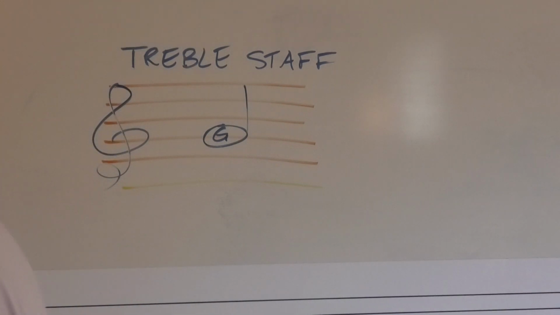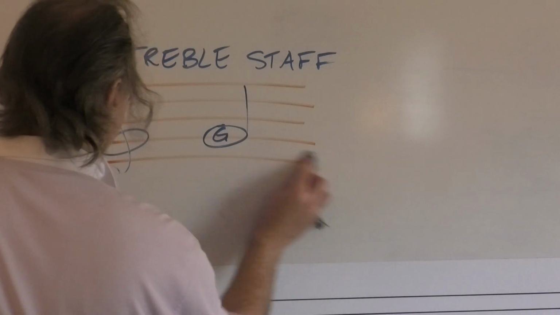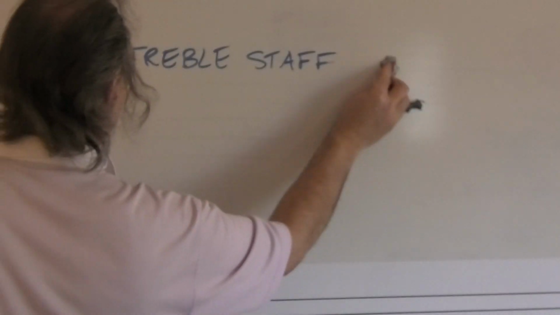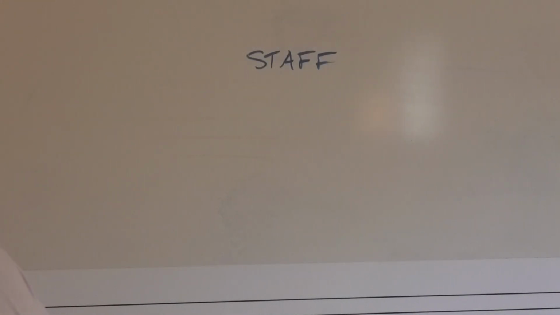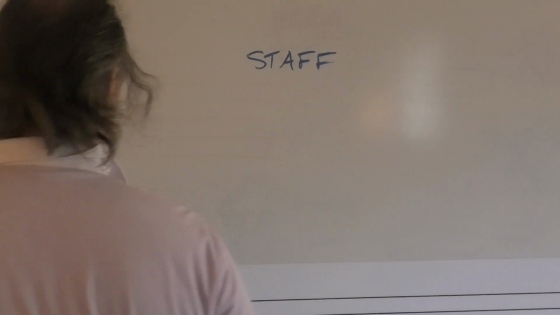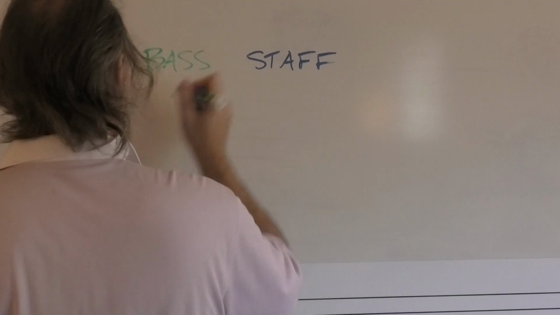So let's look at bass. Because the guitar is an accompaniment instrument, the guitar has bass notes and treble notes, because the guitar goes below middle C. For bass, I just like to use the color green. Bass staff.